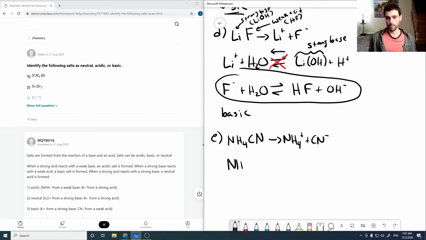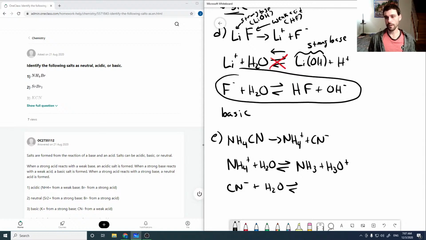So in solution we have NH4 plus plus H2O, giving us NH3 plus H3O plus, and CN minus plus H2O, giving us HCN plus OH minus. So now in this case, we have both a weak acid and a weak base, so we can't make these assumptions that we made above.